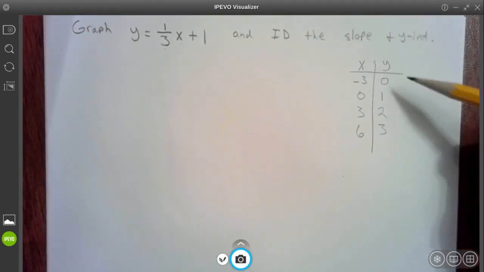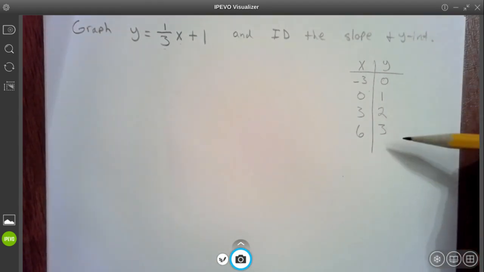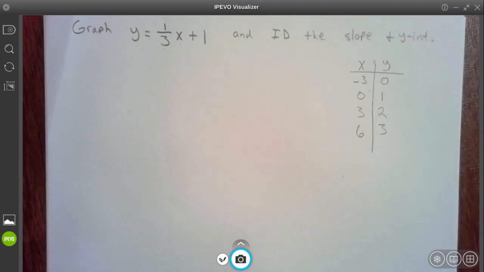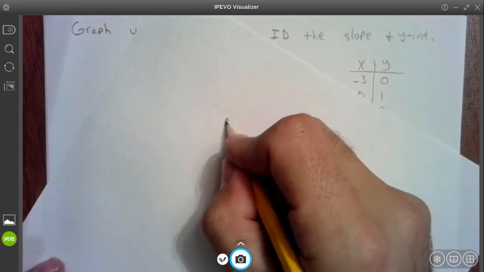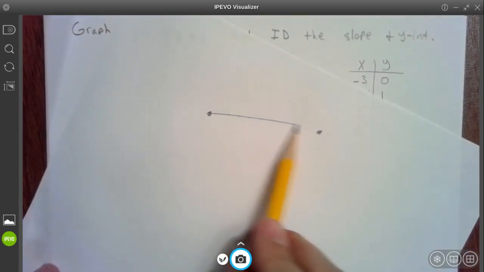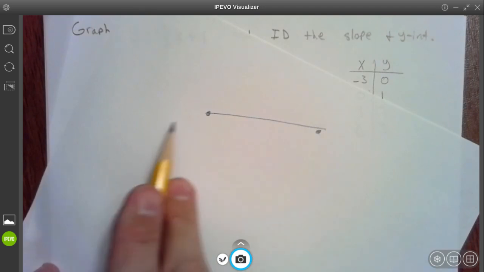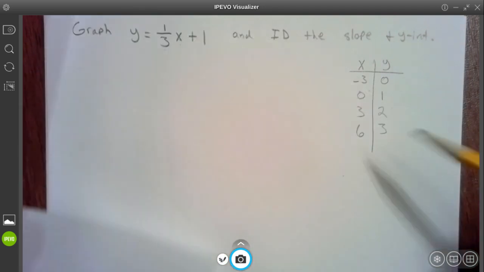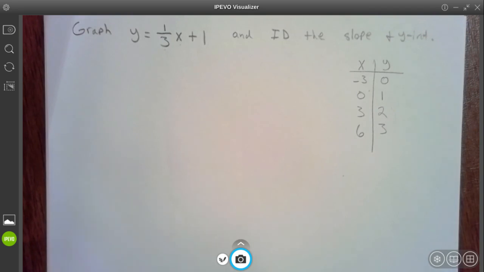So you really only need a couple of points in order to draw a graph, literally any 2 points that you can figure out. If you figure out 2 points, that's enough to draw a line, and all the other ones are going to have to be along it. Just having several points makes your line a little bit better defined.